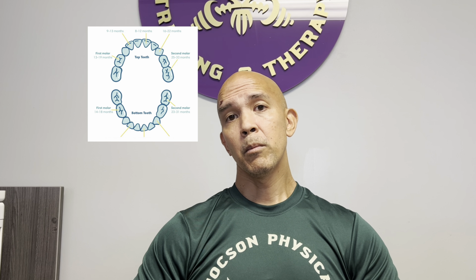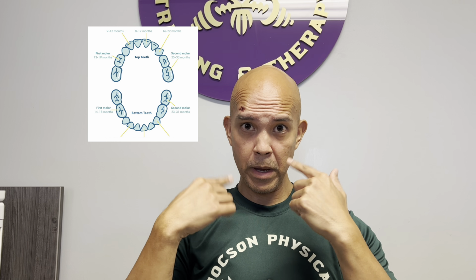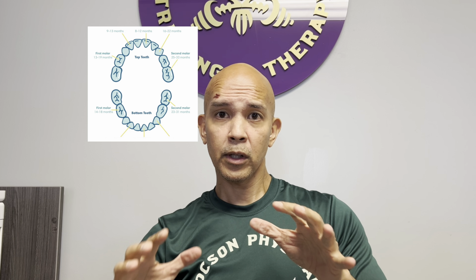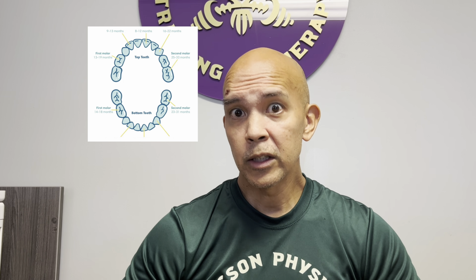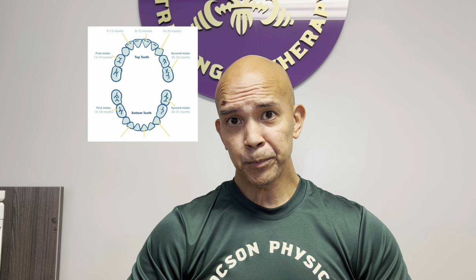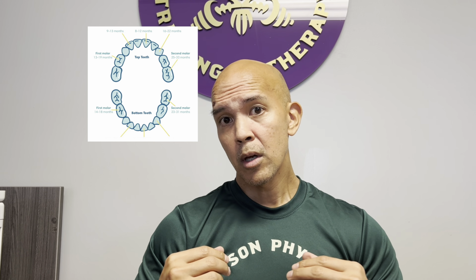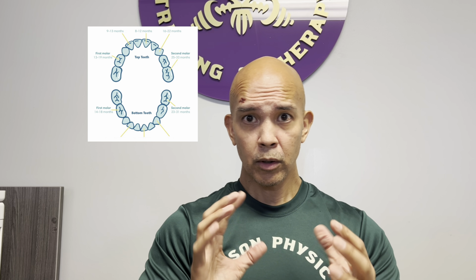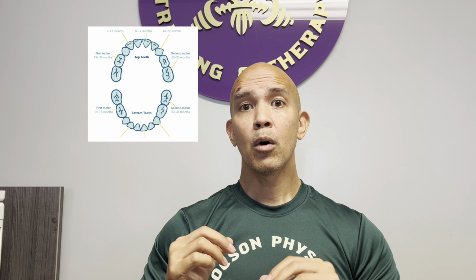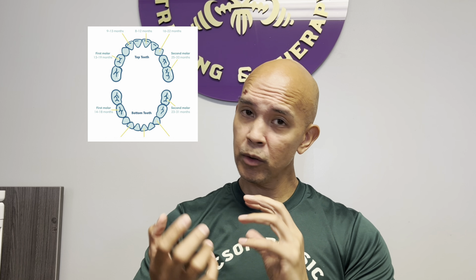Then come our molars. Our first back molars start to erupt, and that's more of the side-to-side frontal plane control that's required. And finally, what usually comes later on are the canines, which work in this turning plane of motion, or transverse plane, or rotation plane of motion.